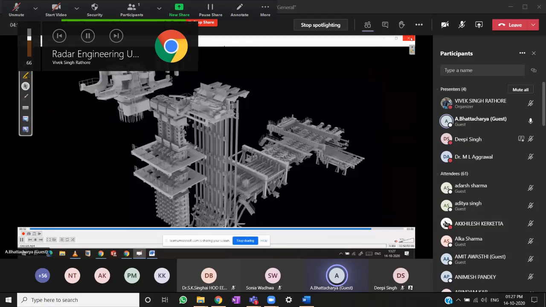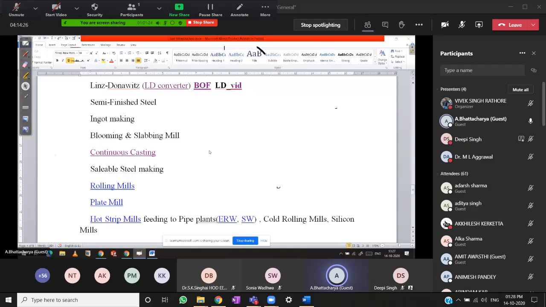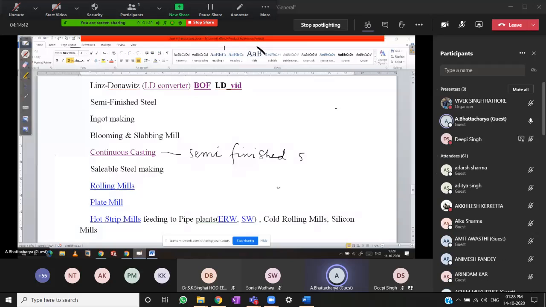From continuous casting you get semi-finished steel like slabs, blooms, billets.